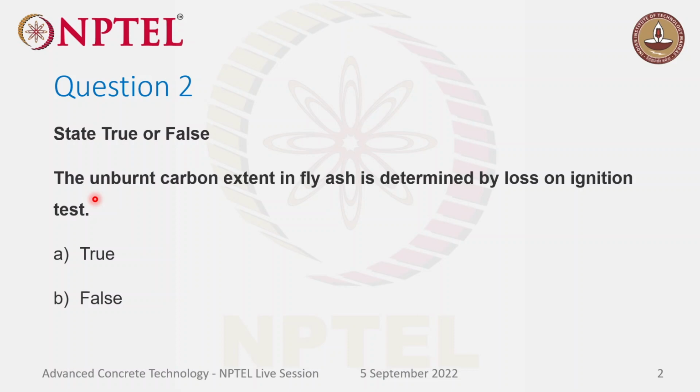It's either going to be A or B. Unburned carbon extent means some of the coal will not be completely burned, and it will remain as unburned carbon particles.